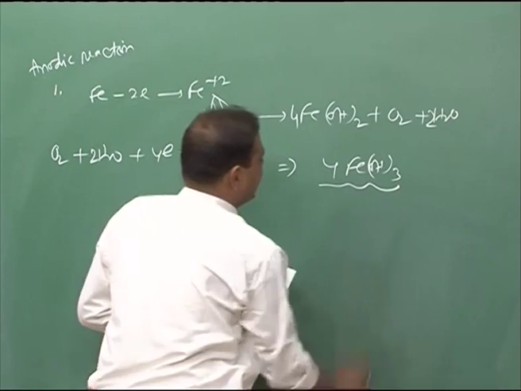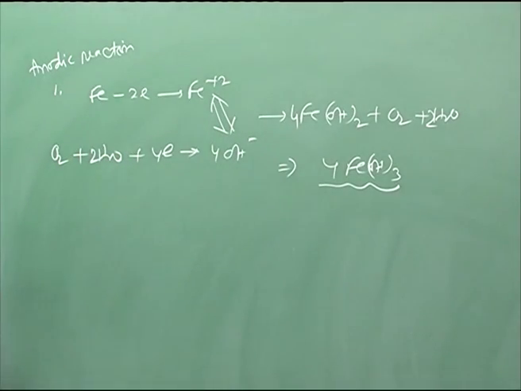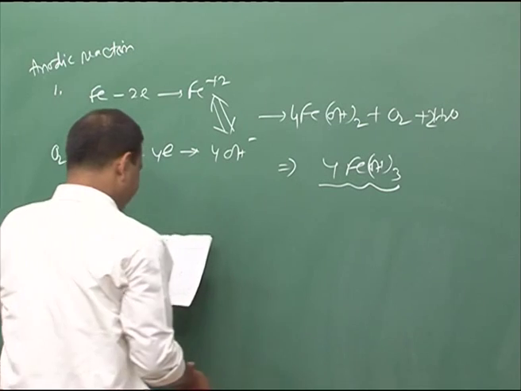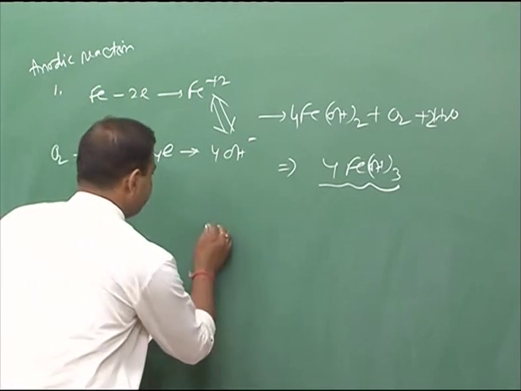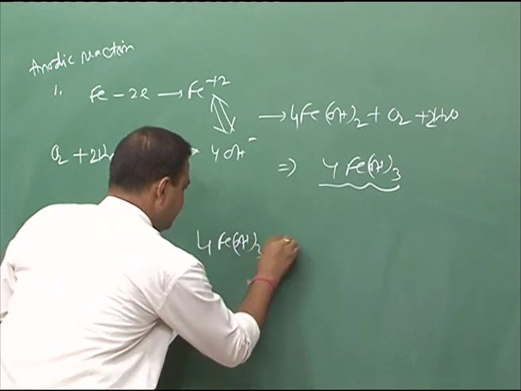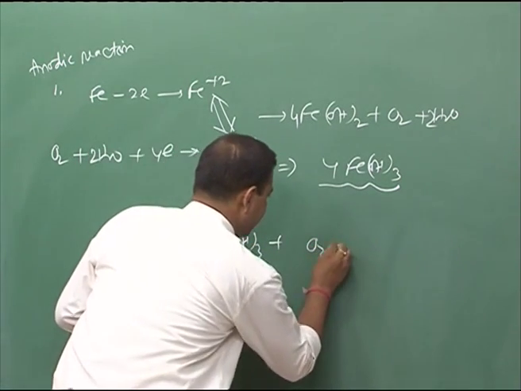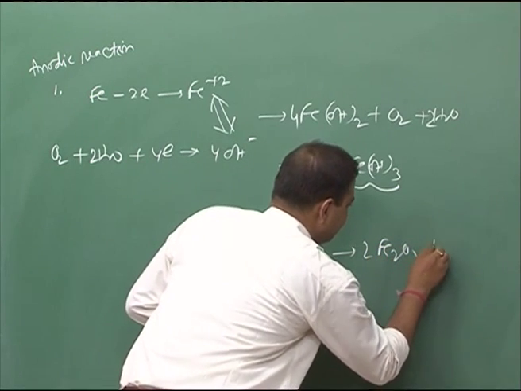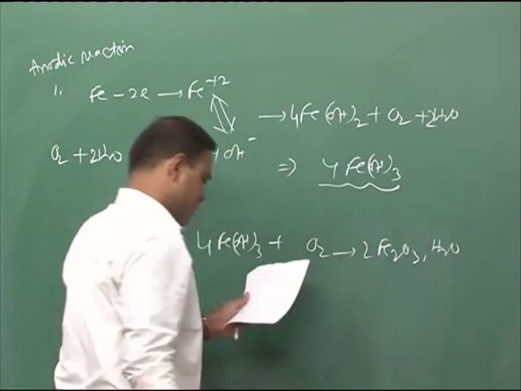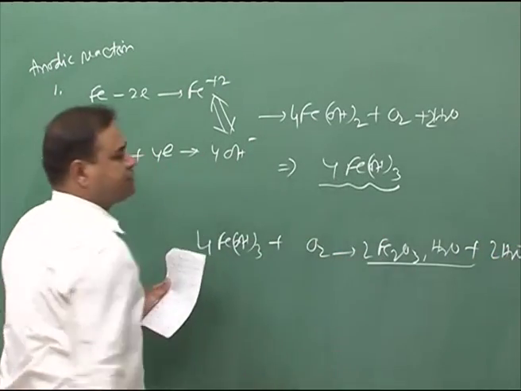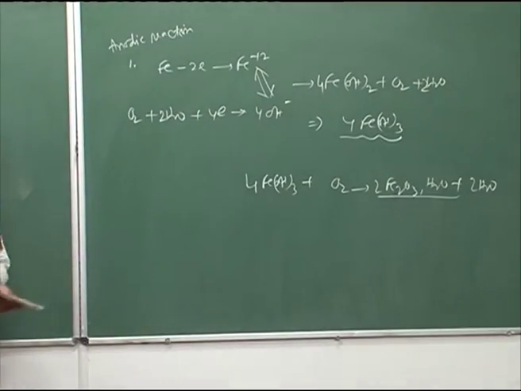This is hydrated ferric oxide, or Fe(OH)3. Even we can directly get hydrated Fe2O3: 4Fe(OH)3 further reacts with oxygen and goes to 2Fe2O3 H2O plus 2H2O. This is nothing but the red rust that we see on structural steel.